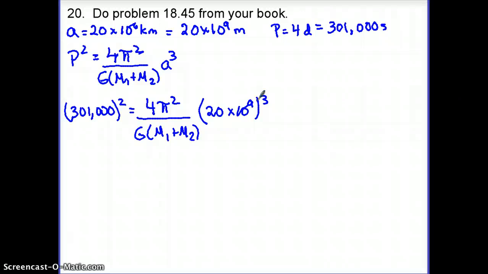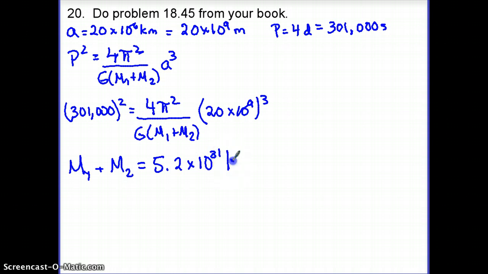One of the most important things that people mess up when they do this is they don't plug things in right, and so they mess it up. So if you plug things in and you don't get an answer that's pretty darn close to this, then you are doing something wrong with your calculator. We need to check that. You need to talk to me about it.